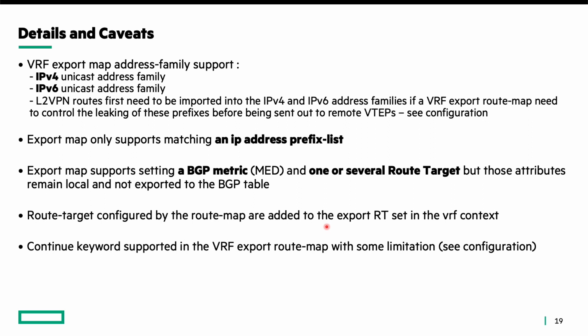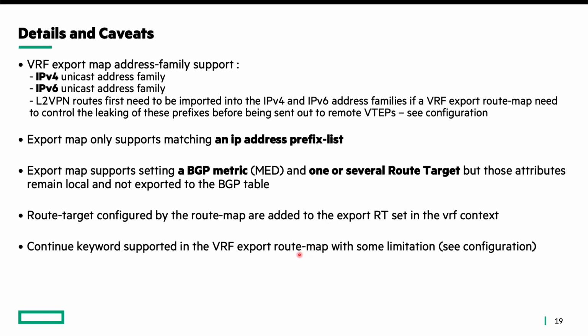In this first release, we don't have the additive keyword, so you need to be cautious. It's not a replace, it's not an override. Let's say in BGP you receive the prefix with an existing route target. If you set a route target from the route map, it will just be added to the initial received route target, but not replacing it.